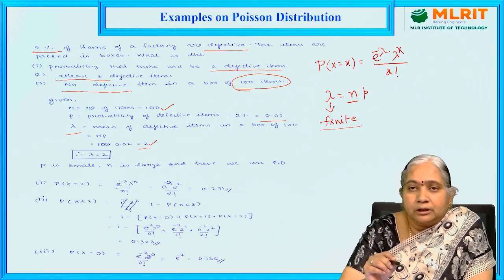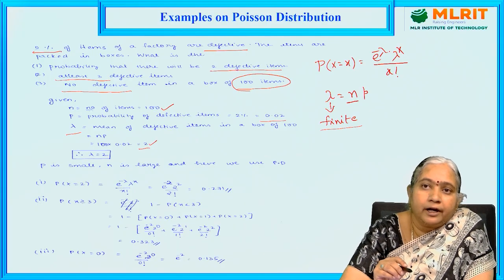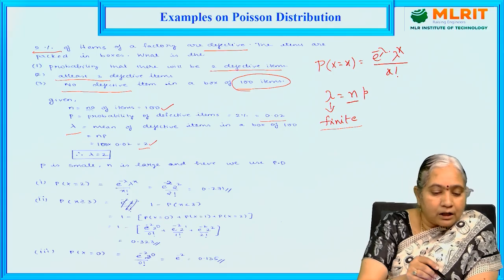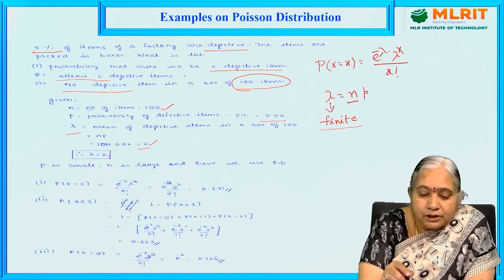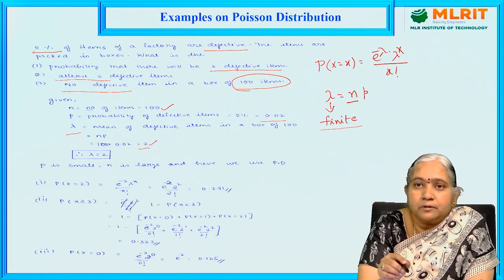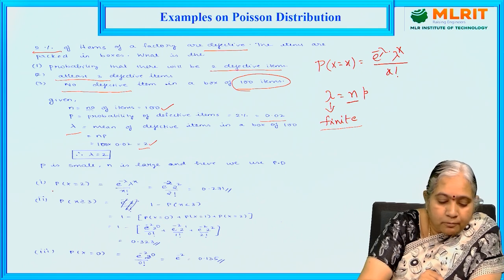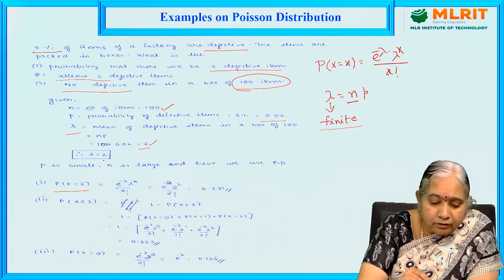If we know the parameter lambda in Poisson distribution, we can find the probability at any value of x. Now the first question is, what is the probability that there will be 2 defective items? Two defective items means exactly 2 defective items, so x is equal to 2, with lambda equal to 2.